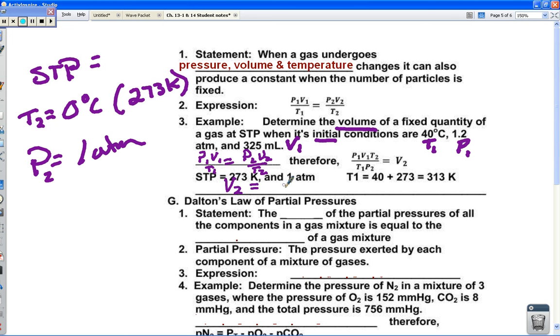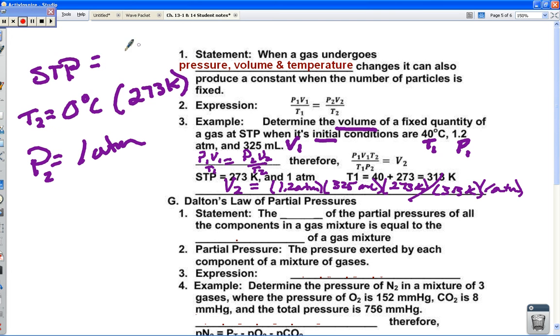V2 equals P1, 1.2 atmospheres, V1, 325 milliliters, T2, 273 Kelvin, divided by T1, which was 313 Kelvin. 40 plus 273 is the 313. P2, which was 1 atmosphere.